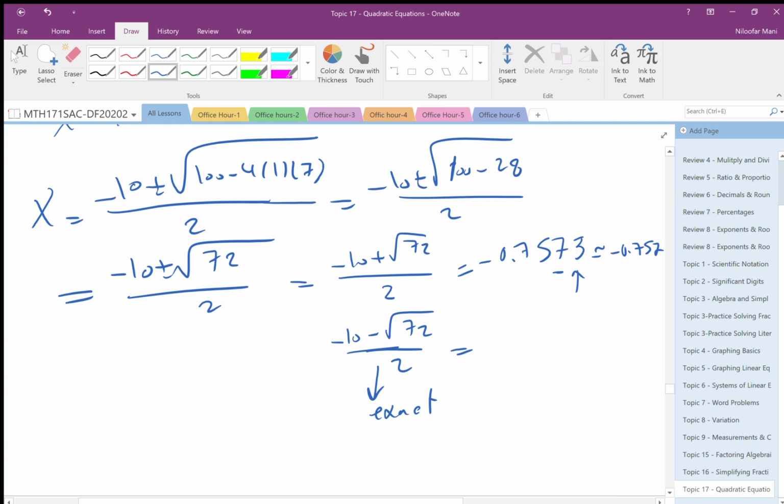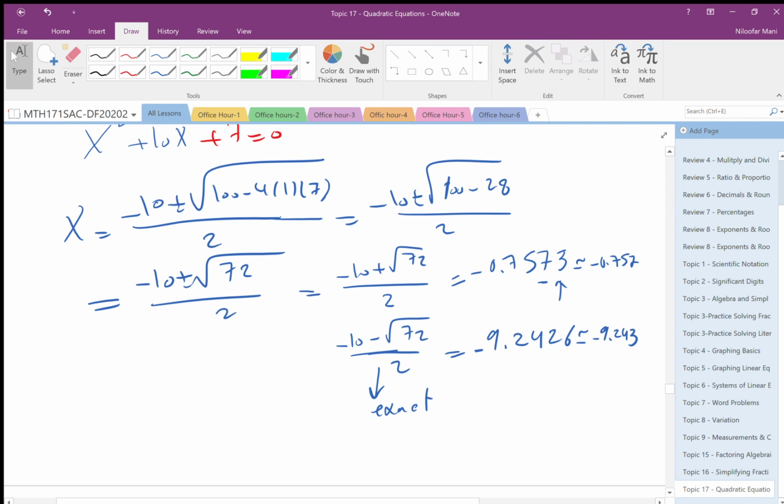And how about this one? This is 9.2426, which is almost minus 9.243. Okay, so these are rounded answers. So when you use your calculator, that's rounded.